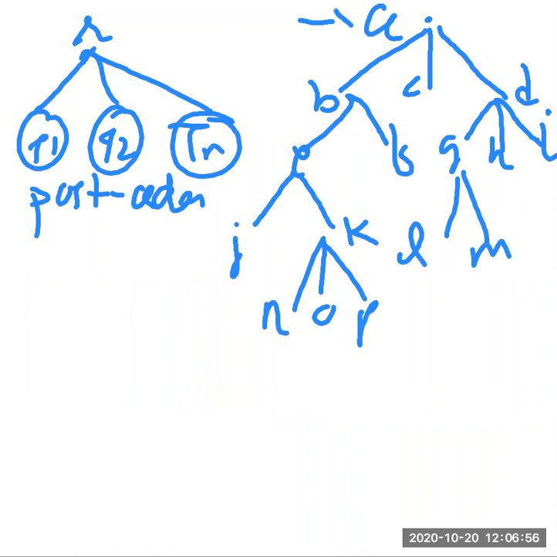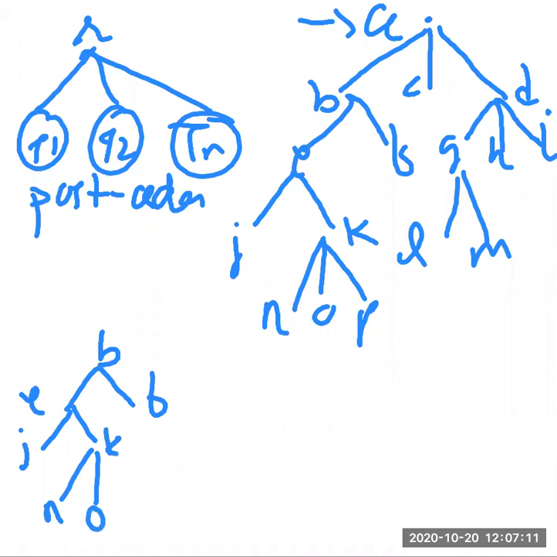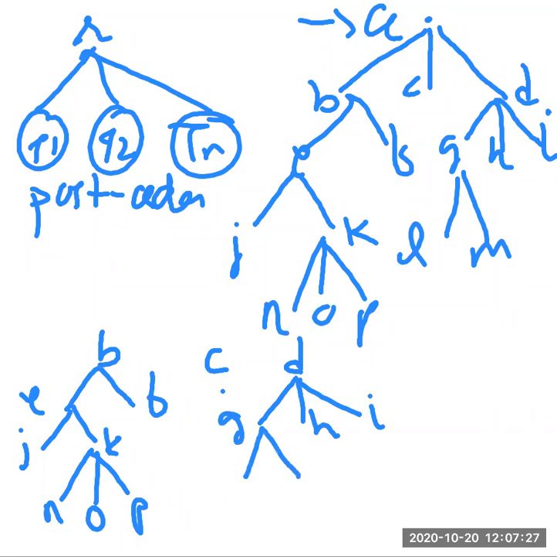So with respect to A, the first subtree is at B. So B has E and F, J and K, and N, O, and P. This is B. Then the next subtree is C. The next subtree is D, which has G, H, I, and G has L and M. And then it will be the root of the tree, that is A.